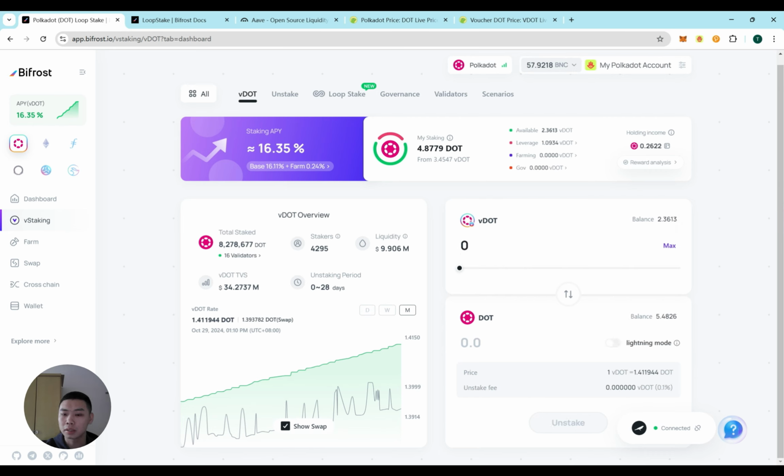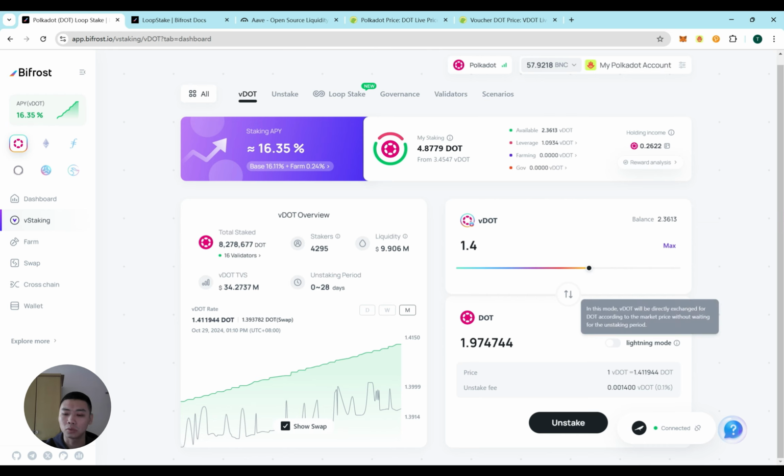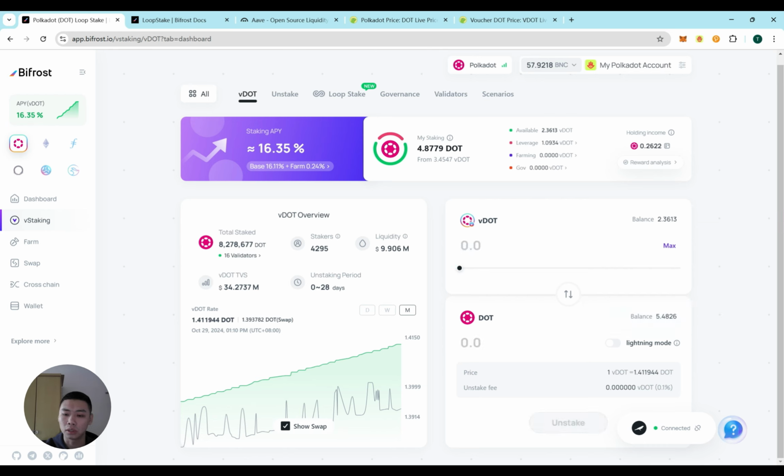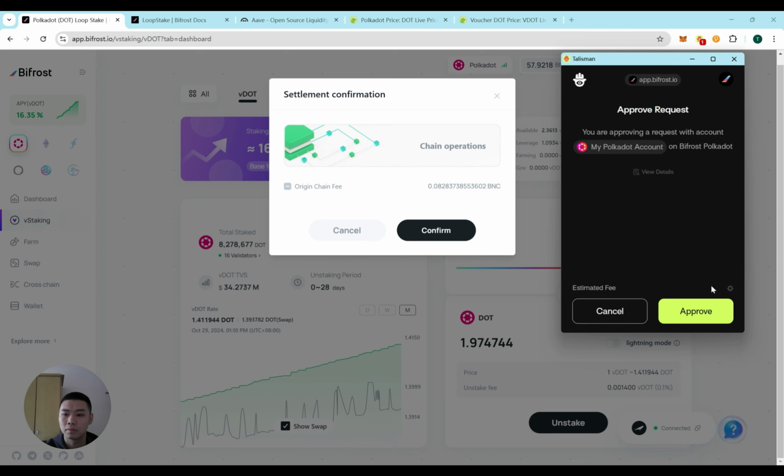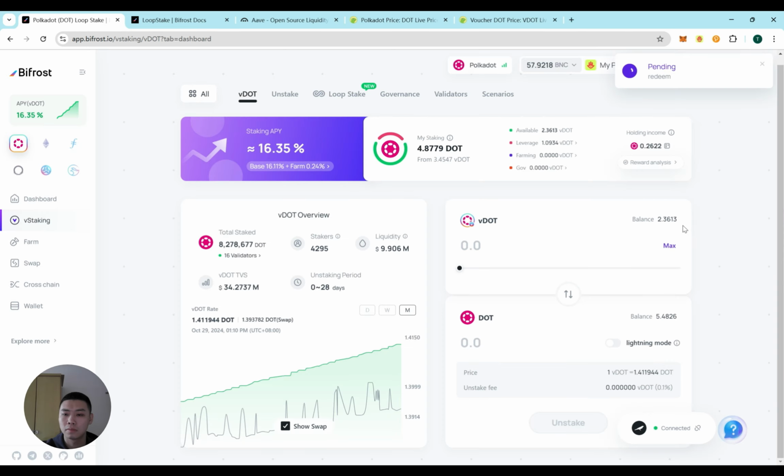and then redeem that. What we just got is 1.4 vDOT, right? And redeem it to DOT. You can use either the Lightning mode, which is the swap mode, or the regular mode. Yeah, succeeded.